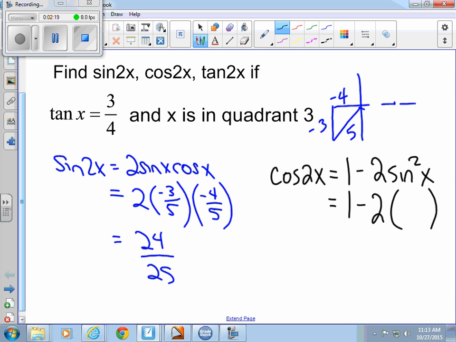Sine is negative 3/5. Sine squared is 9/25, times 2 is 18/25. And 1 minus 18/25 is 7/25. Any questions about that so far?